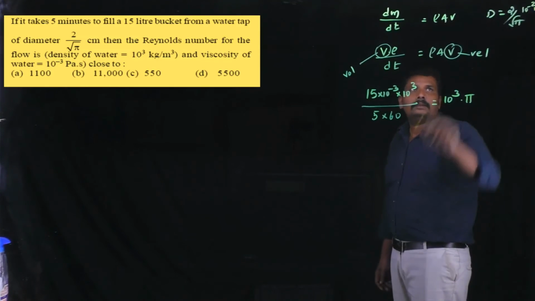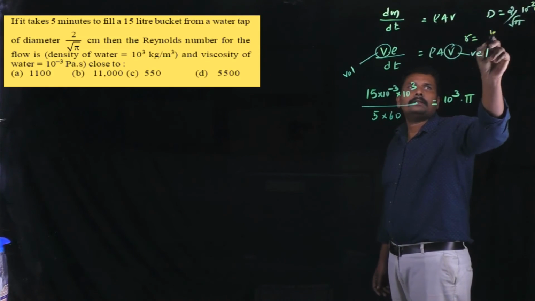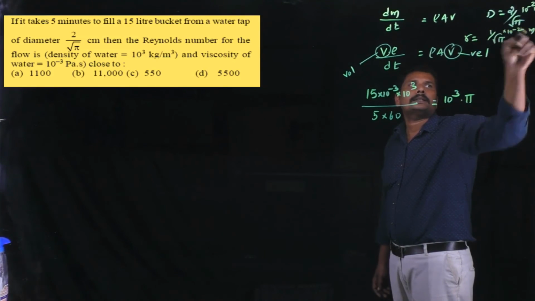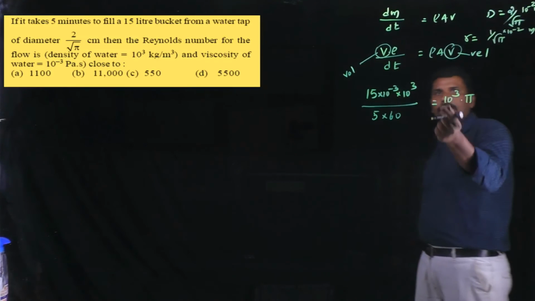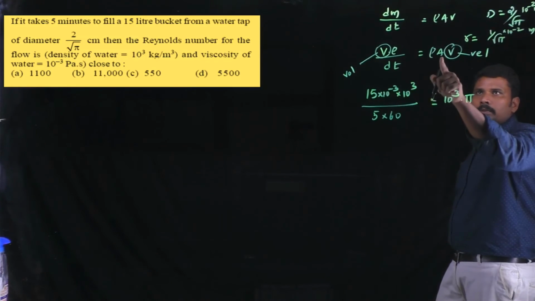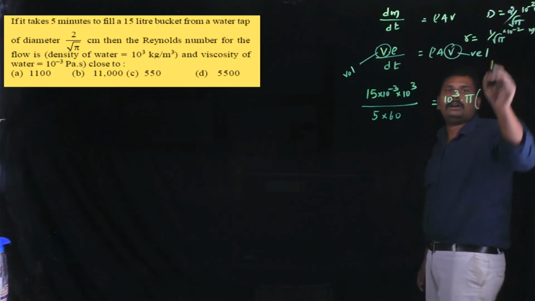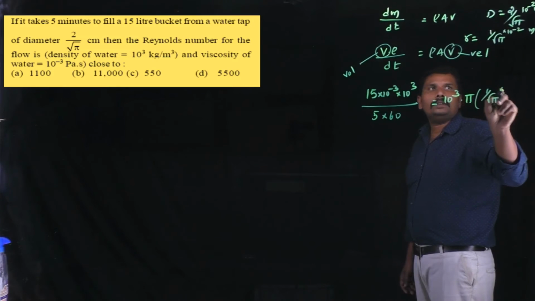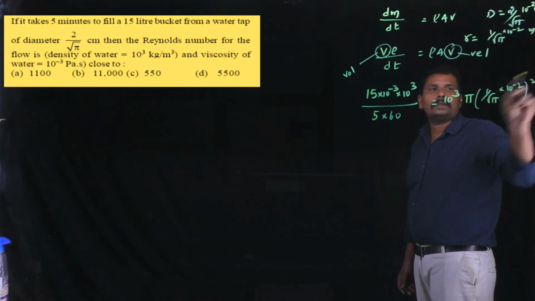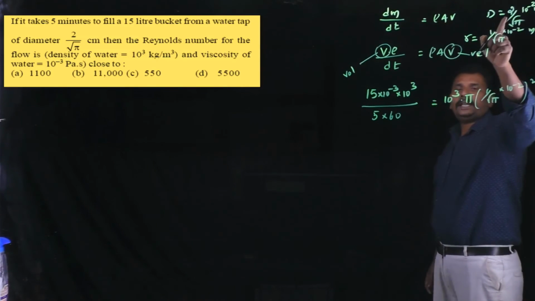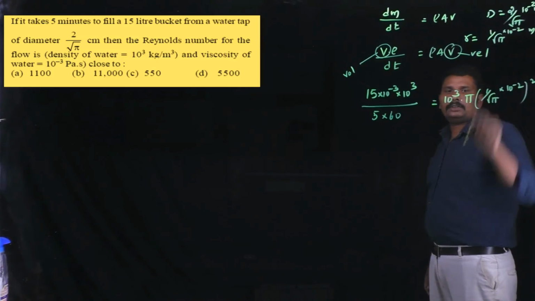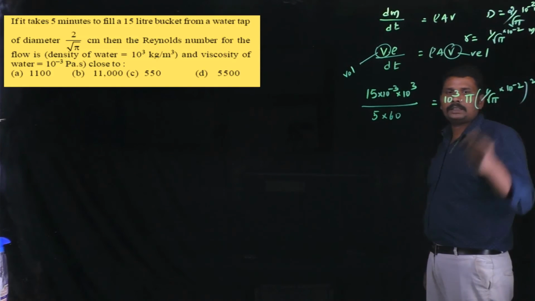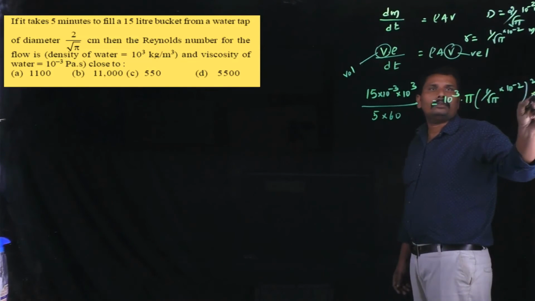From this, the radius is 1 by root pi into 10 power minus 2 meters. So rho is 10 cube, pi r square, where r is 1 by root pi into 10 power minus 2, whole square. If the diameter is 2 by root pi into 10 power minus 2 meters, then the radius is 1 by root pi into 10 power minus 2. Pi r square into V.